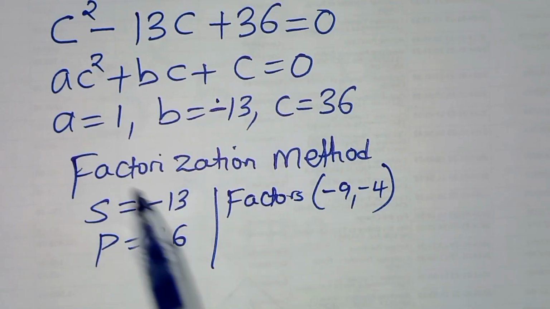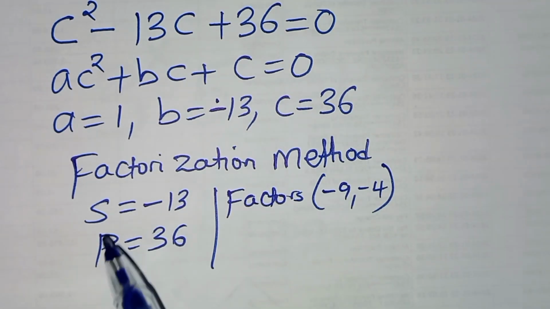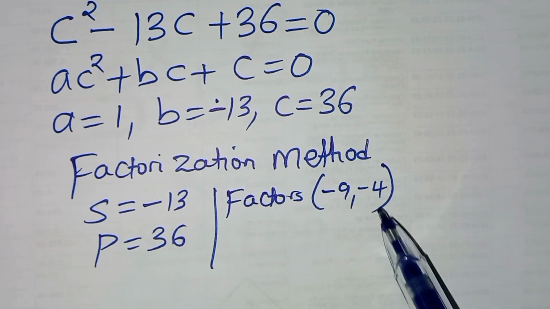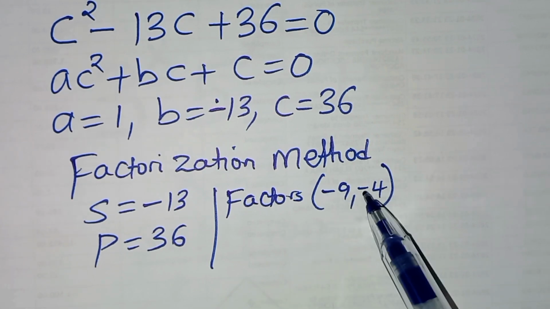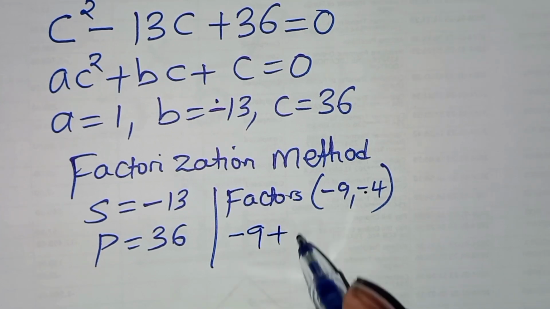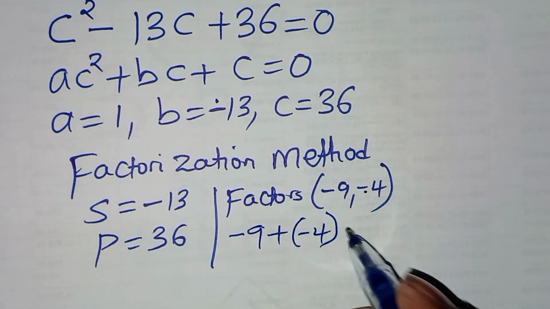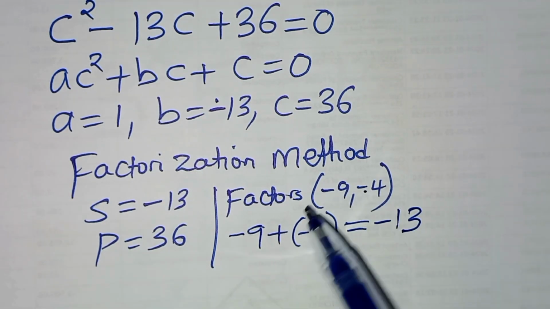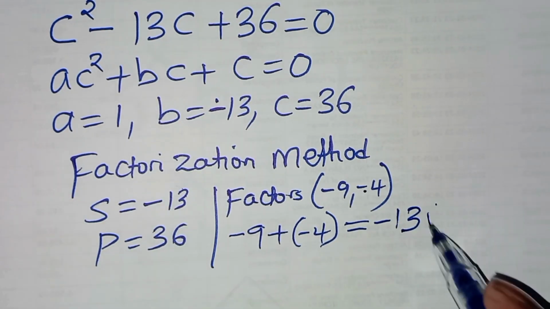By applying the factorization method here, the sum is minus 13, the product is 36, and the factors here are minus 9 and minus 4. So we say minus 9 plus minus 4 is equal to negative 13. So these factors satisfy the sum.